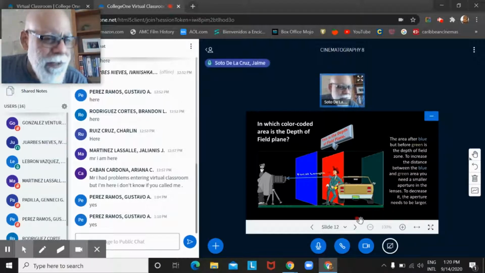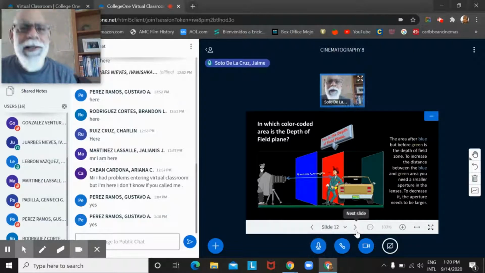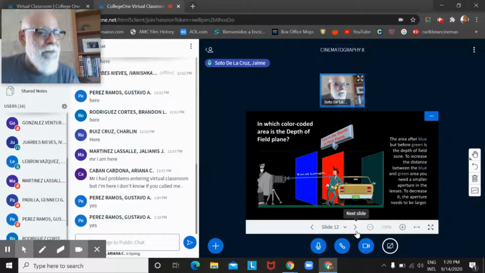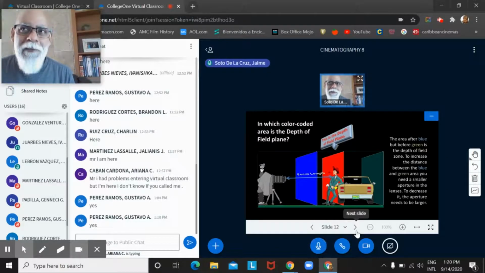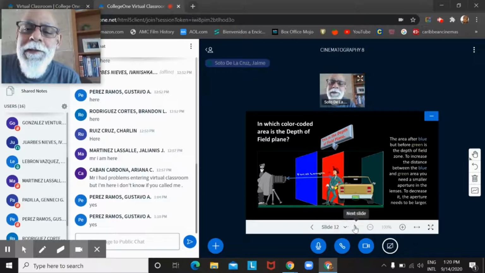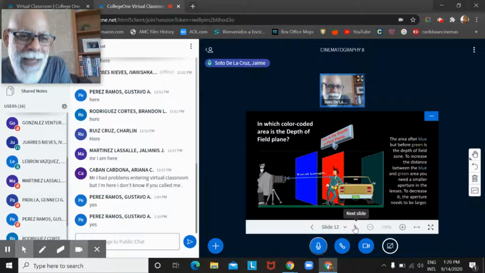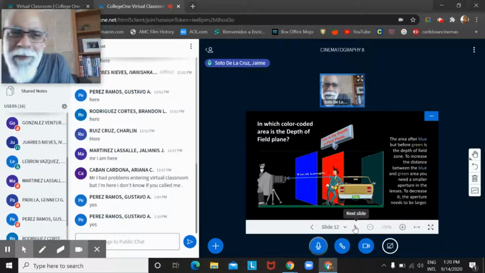So these are things that you must consider when you are trying to get that beautiful blur in some part of your photo. Remember that you're going to have a project, and I expect you to show me bokeh in your photo. I expect to see that and other things too. And the only way you can make this happen is by messing around with a camera. How many of you have access to a camera?